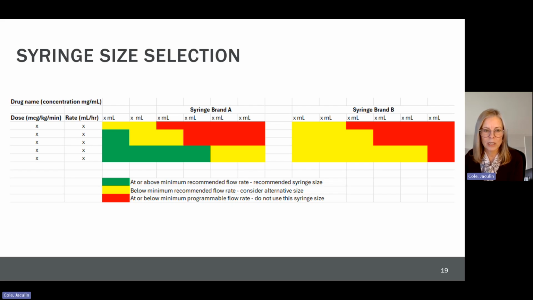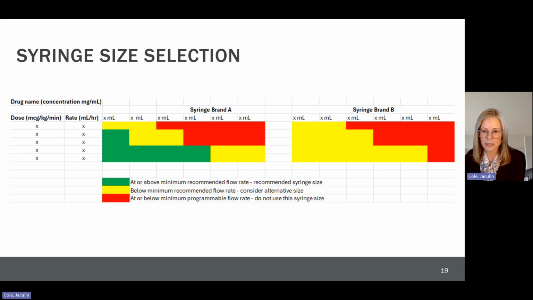These green areas represent the recommended syringe sizes because the ordered rate will achieve the minimum recommended flow rate. Any yellow areas represent the rates below the minimum recommended flow rate. This is an instance where you would need to use some clinical judgment based on things like we discussed before about whether or not it's a vasoactive infusion, for example.